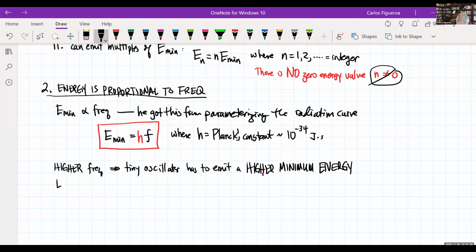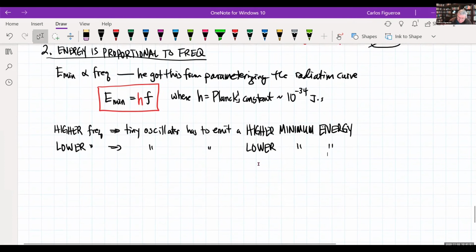Or if you have a lower frequency, then this little tiny oscillator has to emit a lower minimum energy. I keep saying emit, but it also has to absorb the same amount.